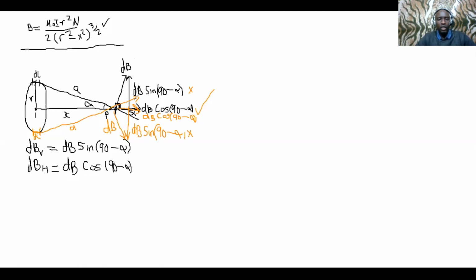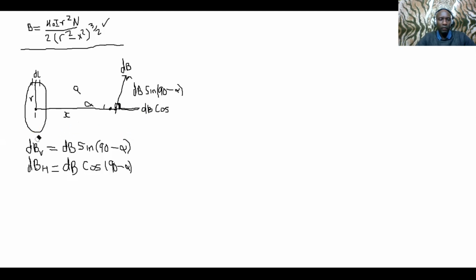Vertical components are going to cancel each other for every element on the circular coil, but horizontal components are going to add to each other. Therefore, in our derivation, we are going to remain with the horizontal component only.